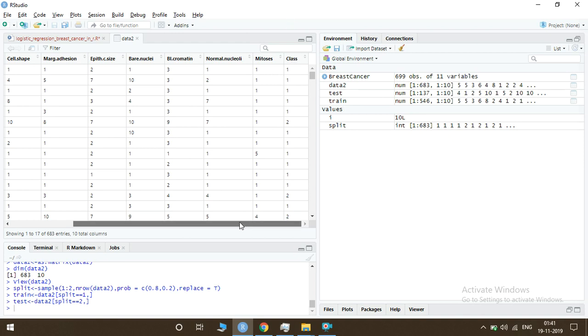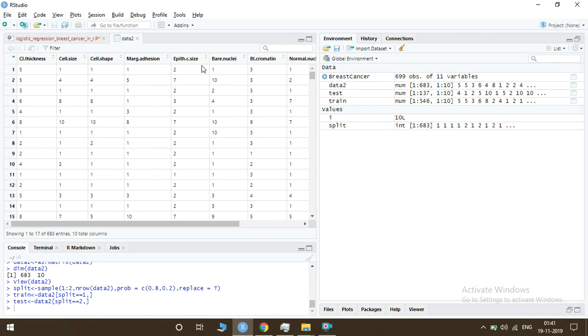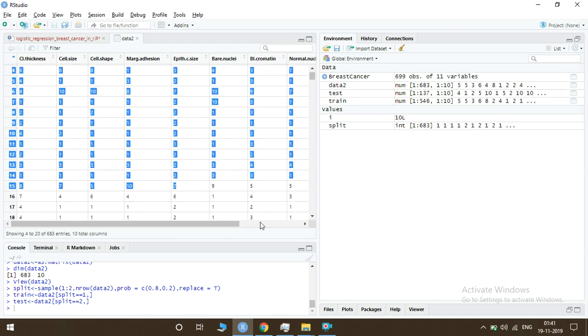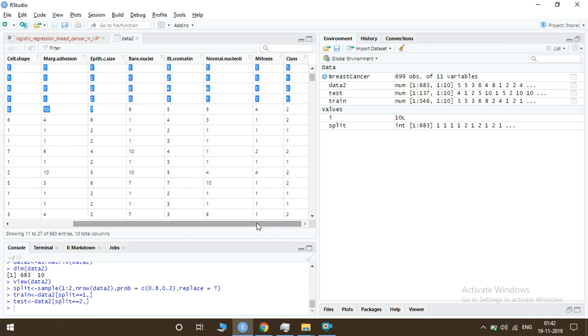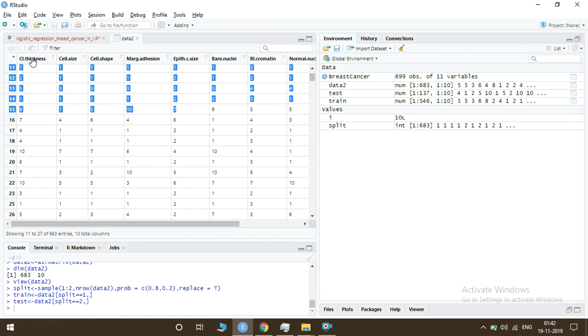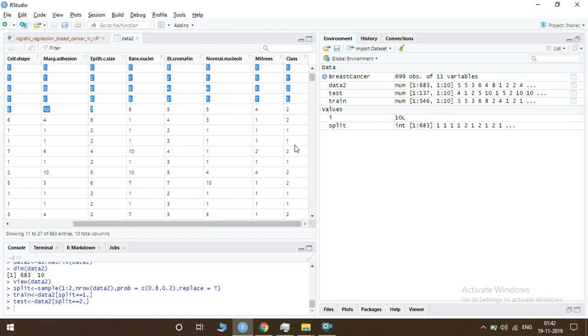Other than class, all are the independent variables, in more layman terms, the machine learning language term. So from column 1 till column 9, we have got the input, or you can say the independent variable, and class is the dependent variable, or we can say these are the labels for our deep learning model.